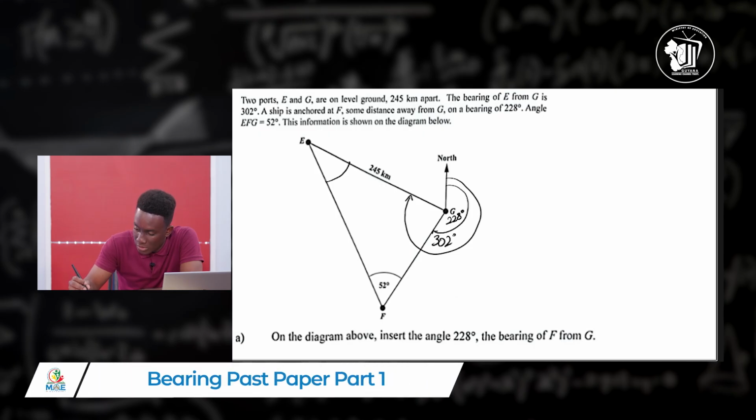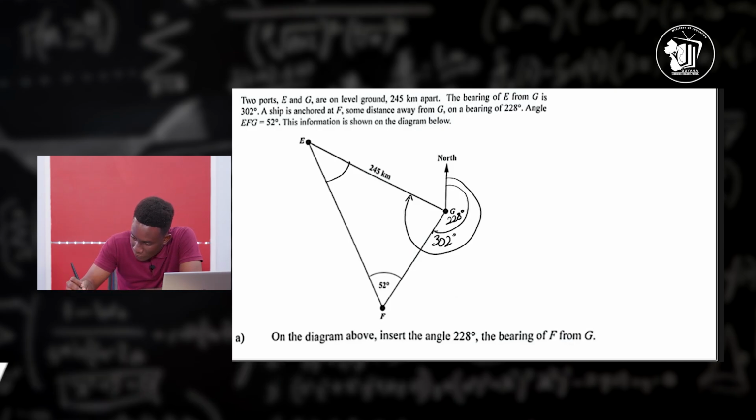We know from here to here is 228, so this remaining piece would be 302 minus 228, which would be 74 degrees.